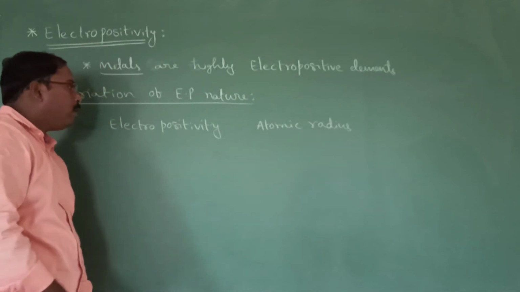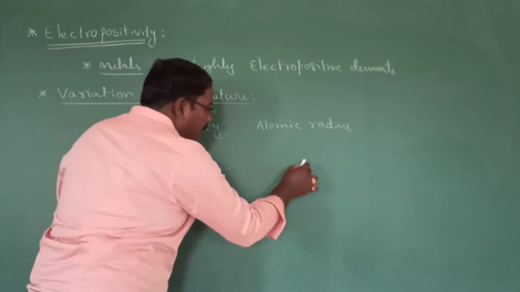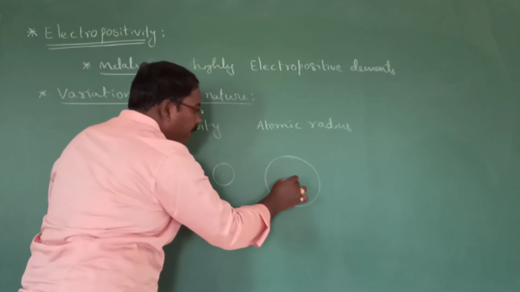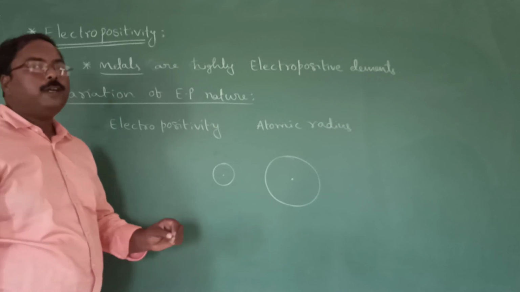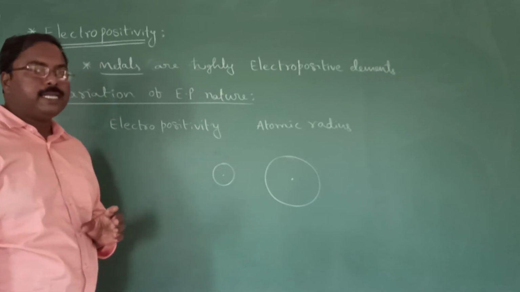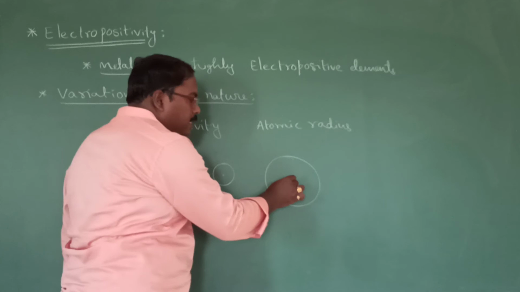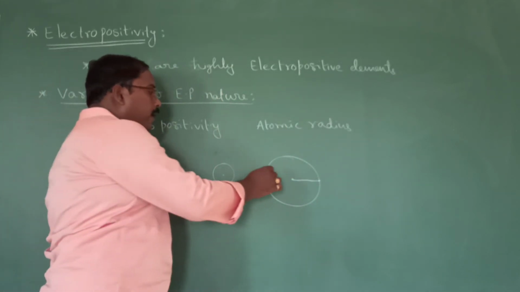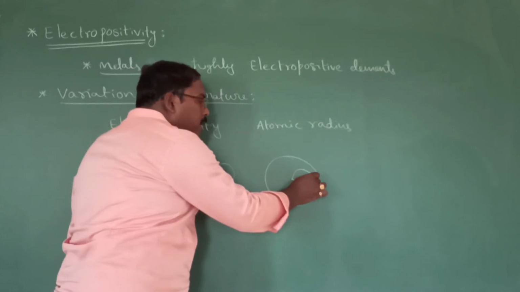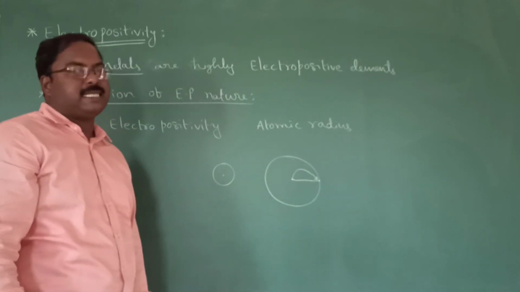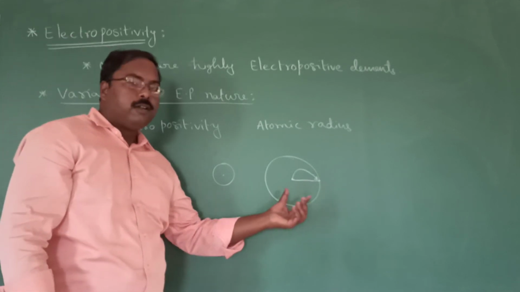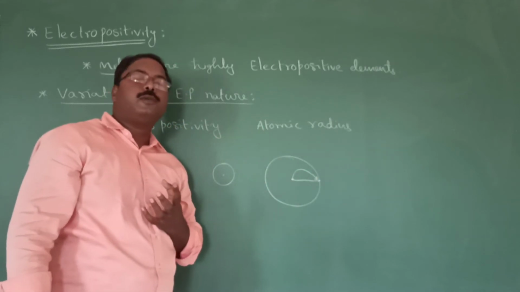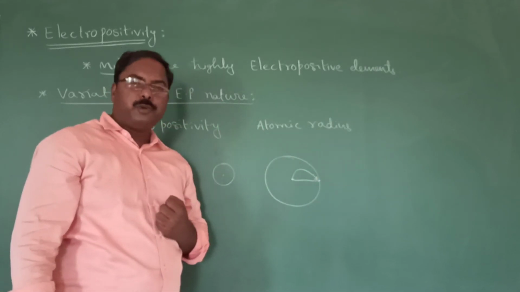As we all know, this is a small size atom, this is a large size atom. When the size is large, the distance from the nucleus to the outermost orbit is more, and then the effect of nucleus on the outermost orbit will be less. Correct or not? So the nucleus cannot attract the electrons in the outermost orbit very strongly towards it.